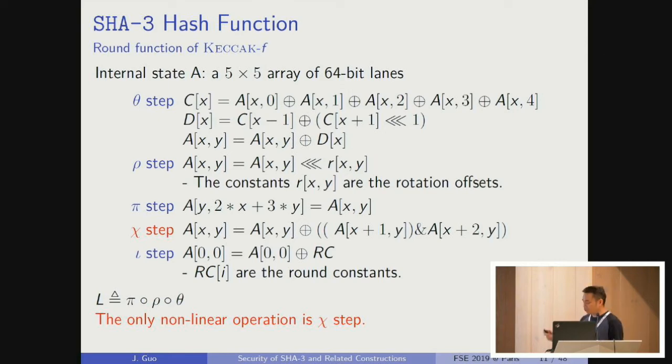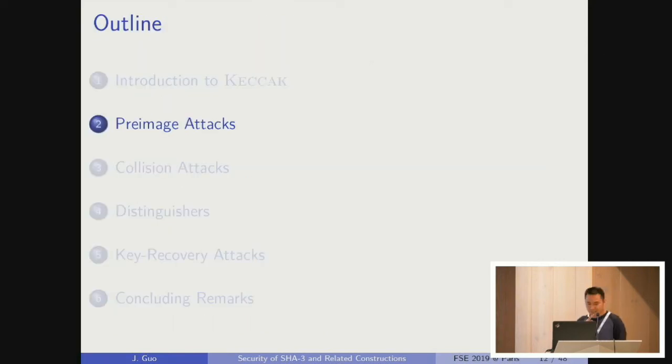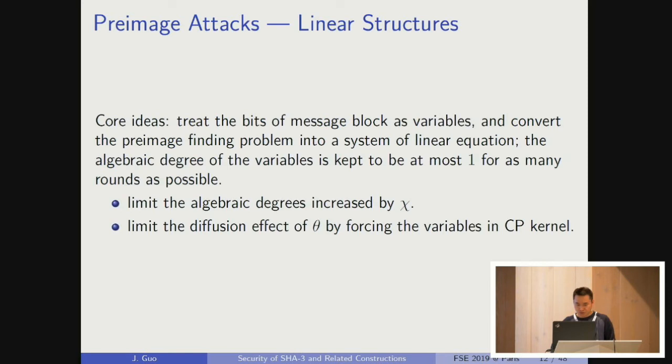For preimage, the core idea is that when we treat the bits of the message block as variables, we can convert the problem of preimage finding into a system of equations, and the algebraic degree of variables is kept to be at most 1 for as many rounds as possible. And this can be achieved by limiting the algebraic degree increased by chi.